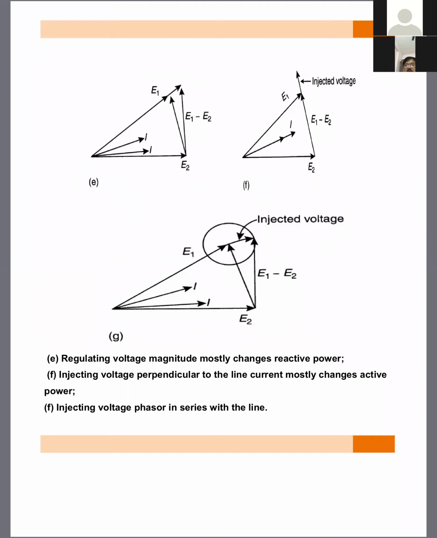But in the case of UPFC, the injected voltage magnitude and phase angle are controlled for the entire 360 degrees, so that real power and reactive power exchange is possible with the transmission line.